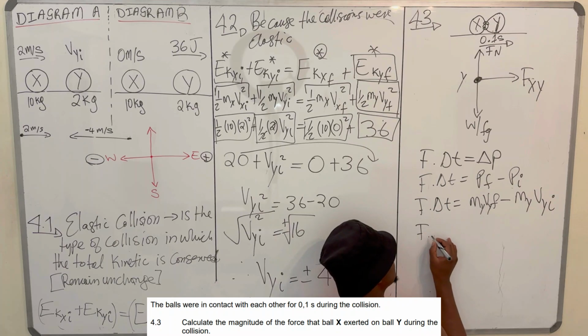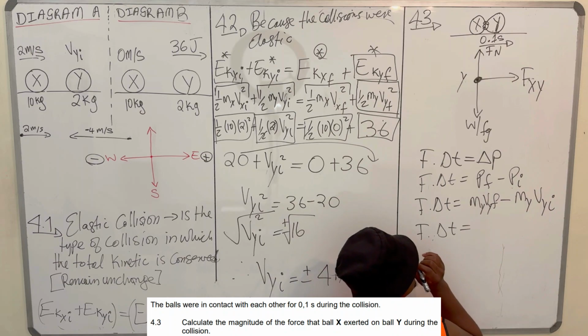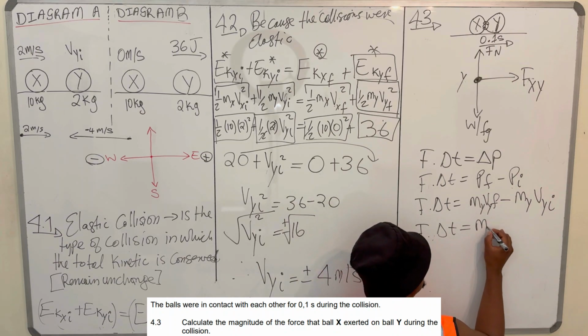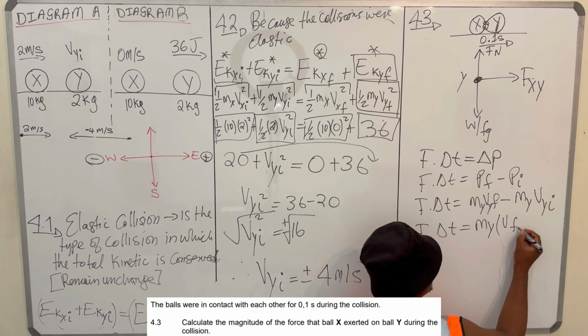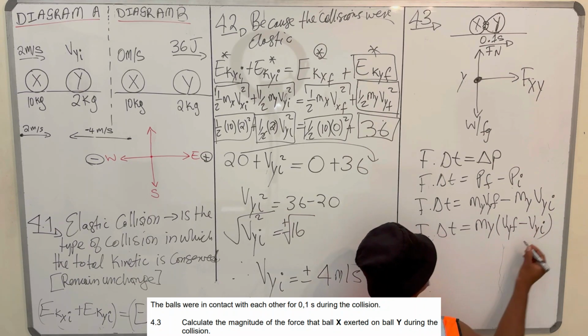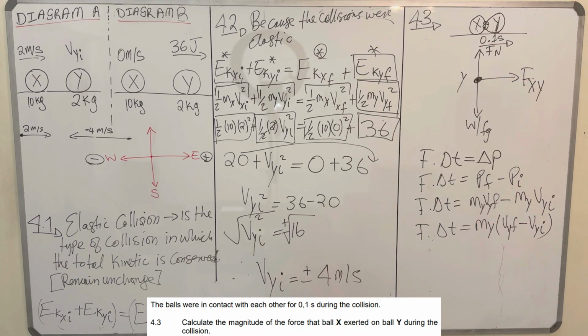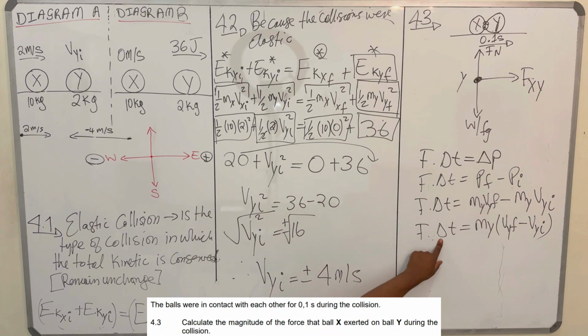So F delta t is equal to m, taking out the common factor, times (final velocity of y minus initial velocity of y). Because I'm saying the net force experienced by y, for a given period of time, as a result of x, will result in change in momentum.